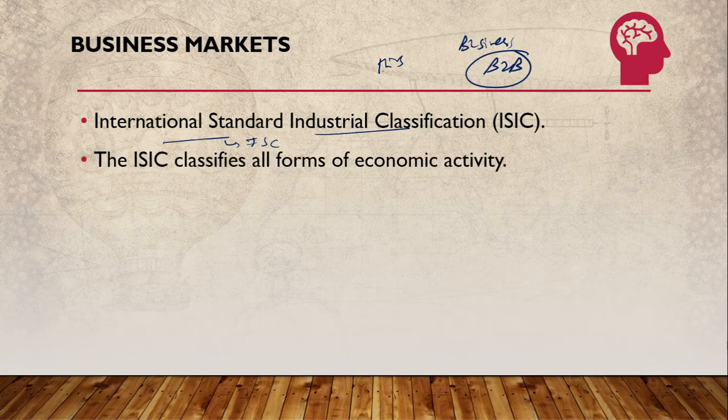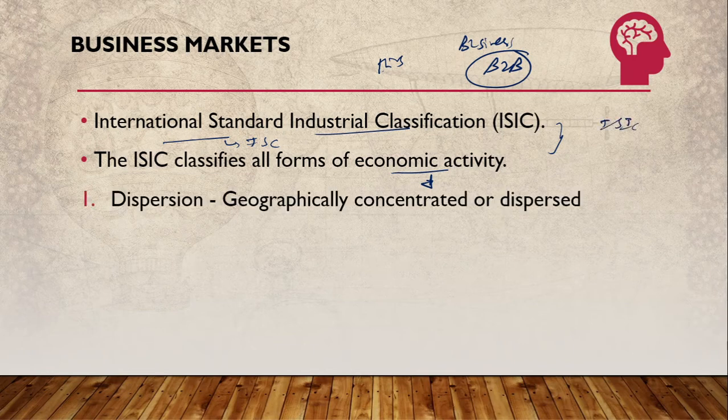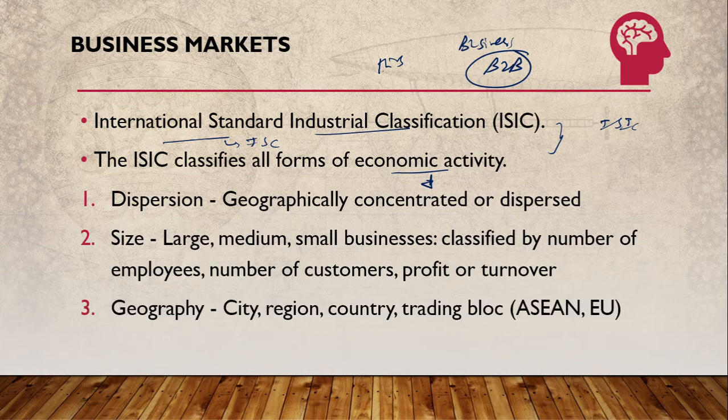This classification groups businesses based on economic activity. You need not remember much, just remember that ISIC exists and classifies based on economic activity. They do it on many bases. Some of them can be where the businesses are geographically located.